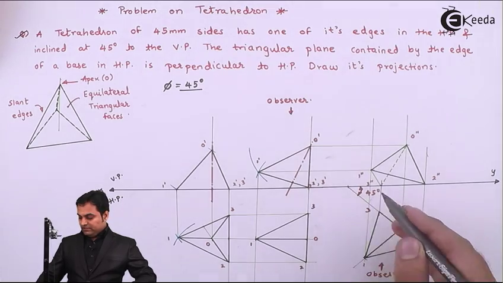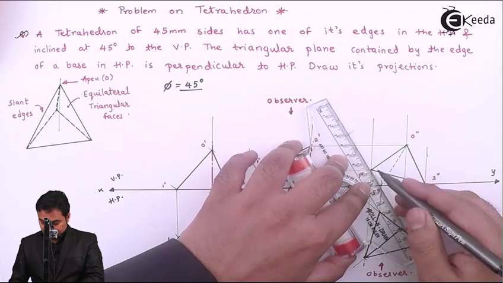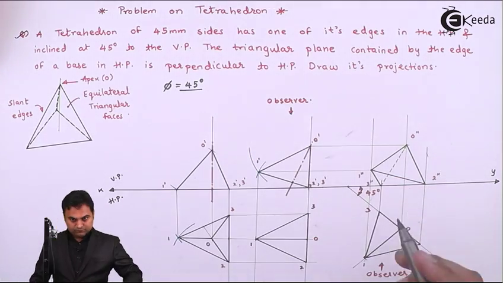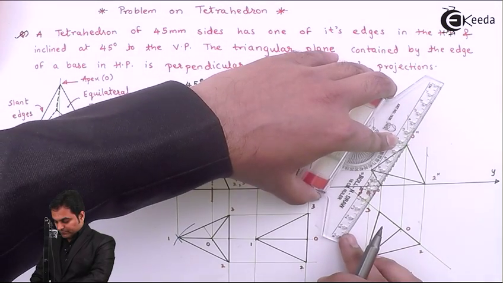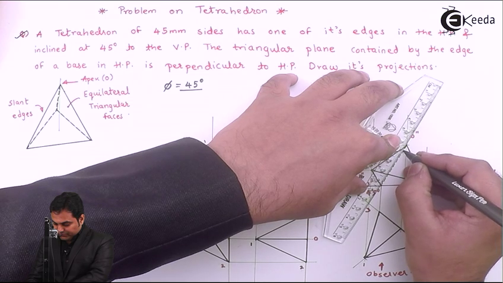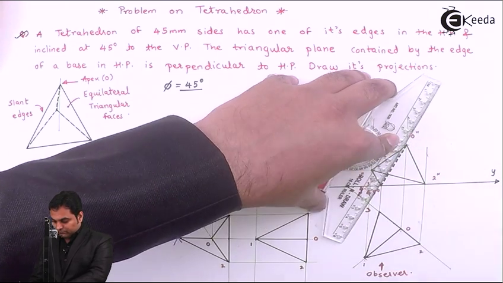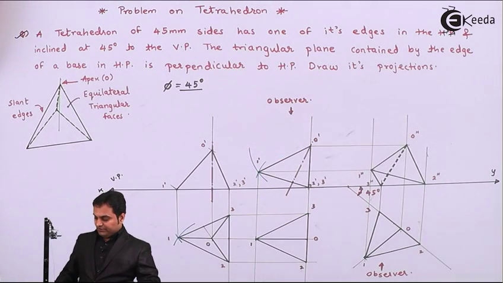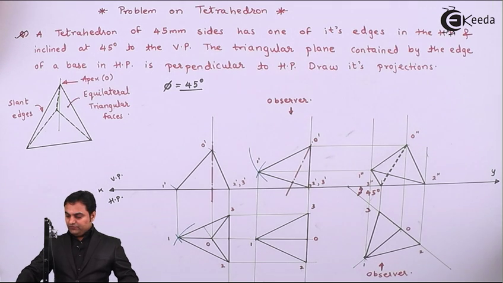Then 1 double dash and 3 double dash will be connected. Next, 3 double dash will be connected to O double dash with the help of a dotted line, as point 3 is behind the observer. So this is the tetrahedron which we are seeing in the front view.